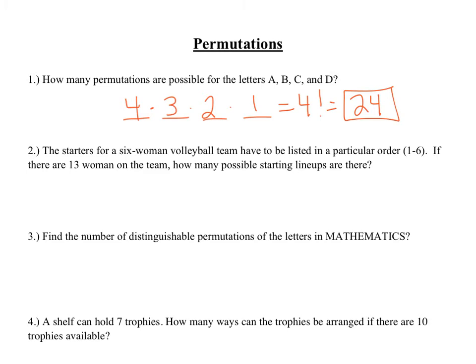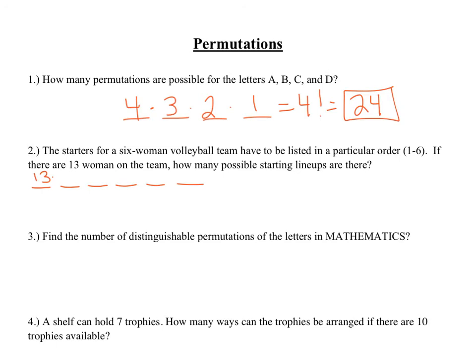So the first way is you have 6 different starters. So I'm going to draw 6 lines for your 6 starters. Now for this first person in the lineup, you have 13 women to choose from. So I'm going to put a 13 there. And now for the second starter, you no longer have 13 women because you already chose one.